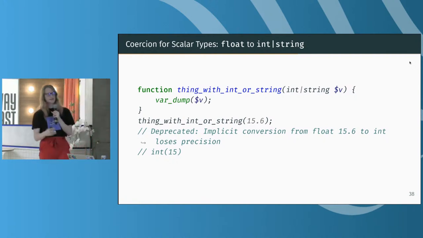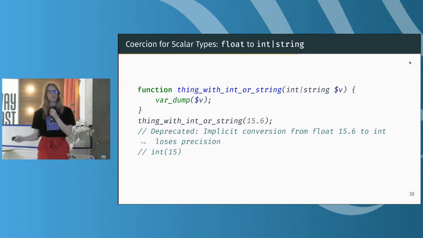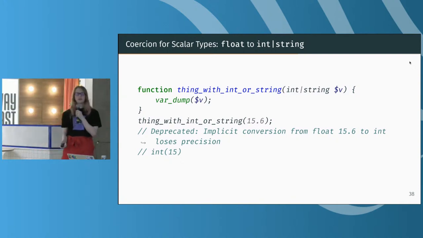Basically telling you we're truncating the data. But in PHP 9, when it stops being compatible with an integer, you'll get a string in this case, which is why I hope you don't use those union types too much, either explicitly or implicitly.